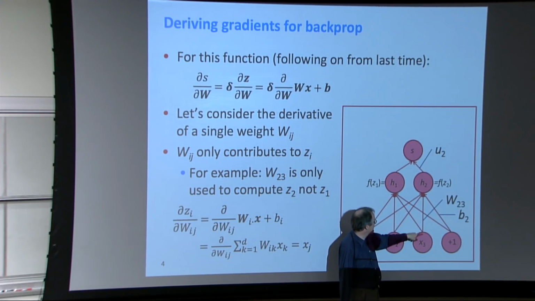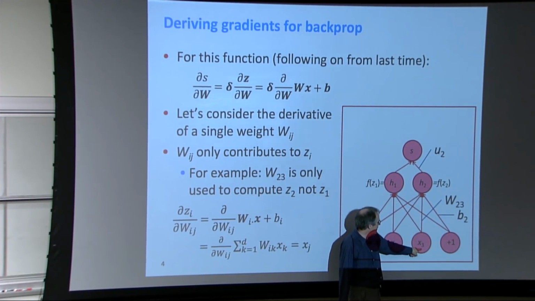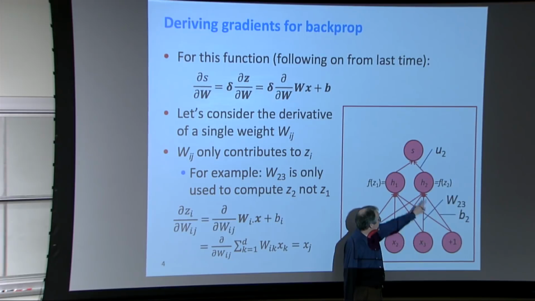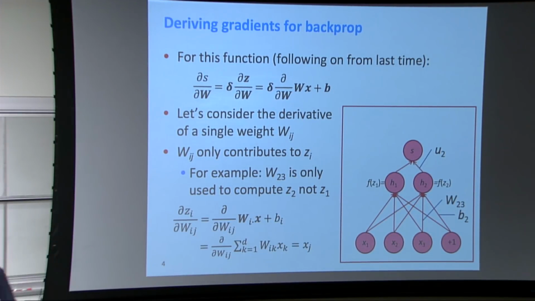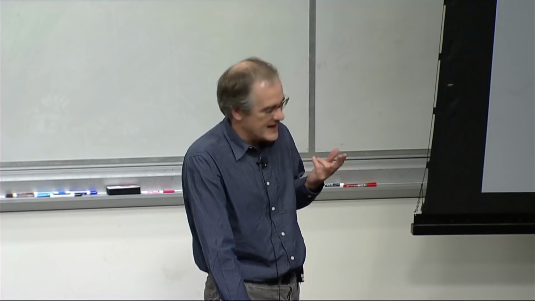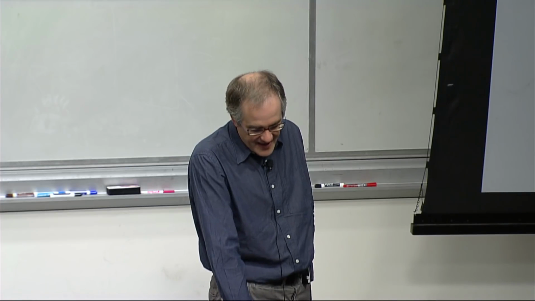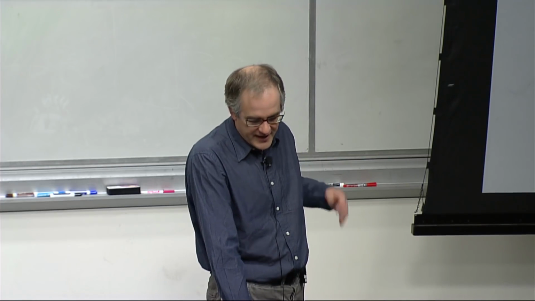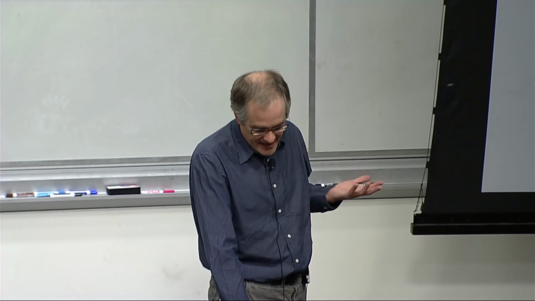But one element of the matrix is only being used in a computation between one element of the input and one element of the hidden vector. Okay, so that means if we're thinking about the partial derivative with respect to Wij, it's only contributing to zi, and it's only doing anything with xj.